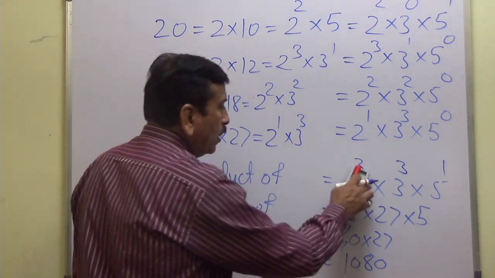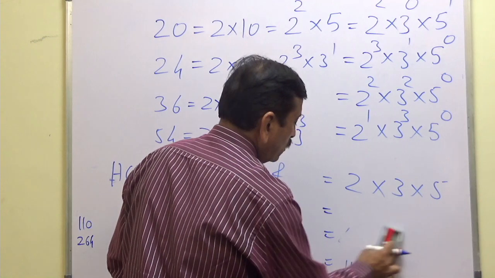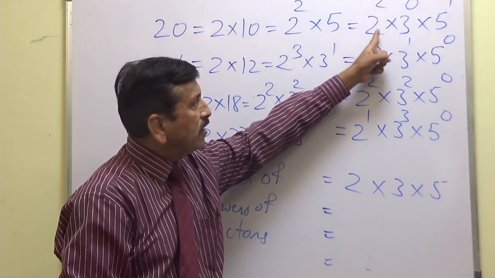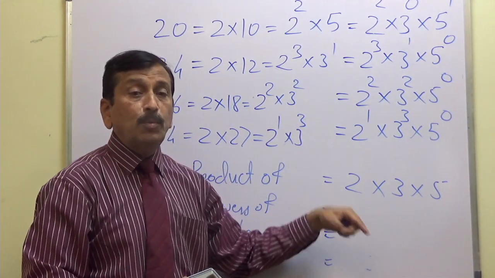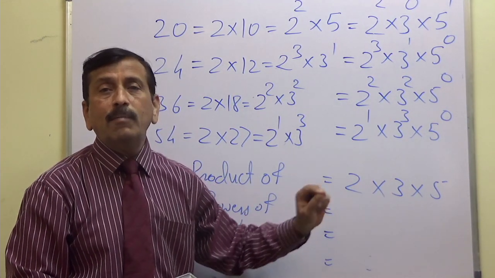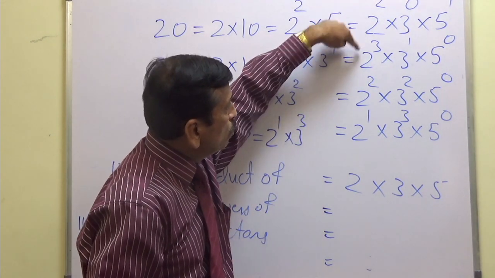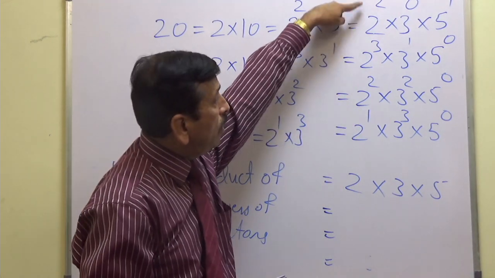So what will I do? I can always remove the powers. Are you understanding the structure? The distinct factors are 2, 3 and 5. So I have put 2, 3 and 5 and am yet to put the powers. For the highest common factor, I have to take the lowest power. The power of 2 is 2, 3, 2, 1, so 1 is the lowest among all.